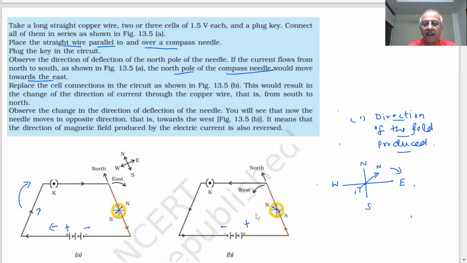Here you can see the current was moving in this direction, and now it is moving in the opposite direction, from south to north. Here the direction of the current was from north to south.